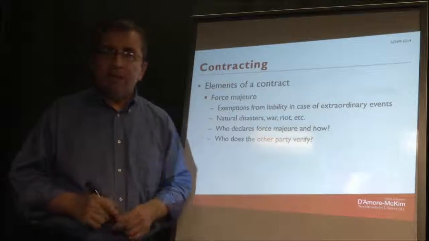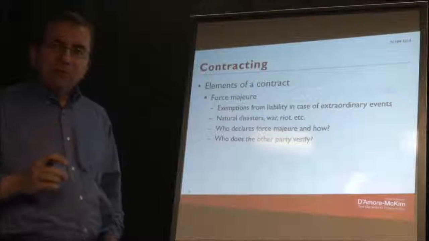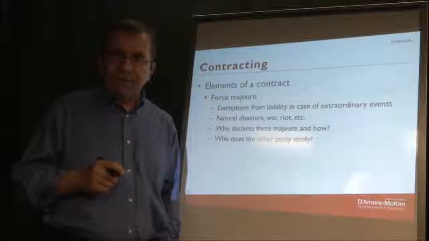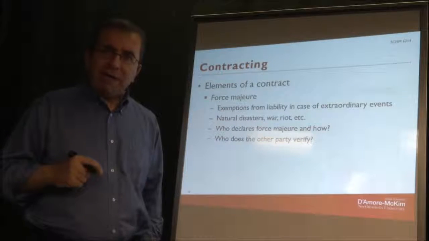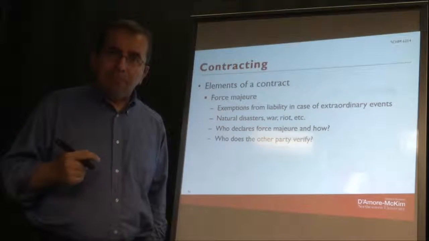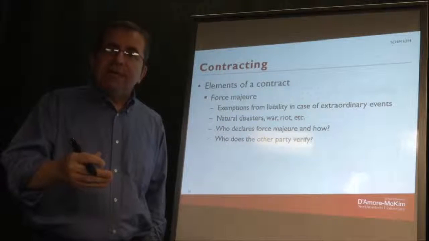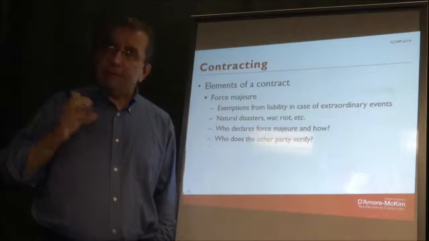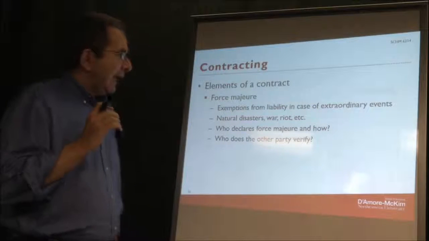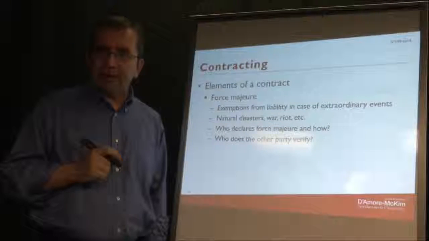Okay, force majeure. Force majeure is a situation where you cannot fulfill your contractual obligations, but you have a valid excuse and you cannot be held liable. There are situations like that, and these have to be specified in the contract.